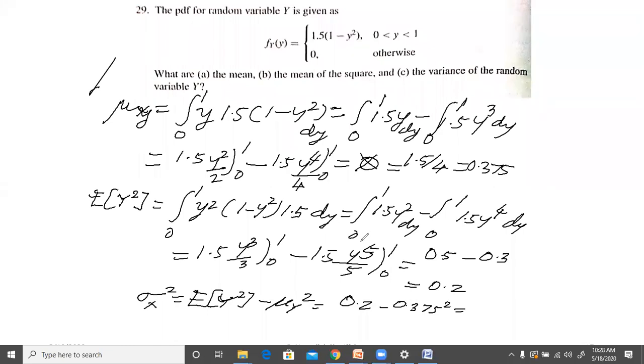What is the value? Can somebody write it on the chat board? 0.2 minus 0.375 square. Is it minus?